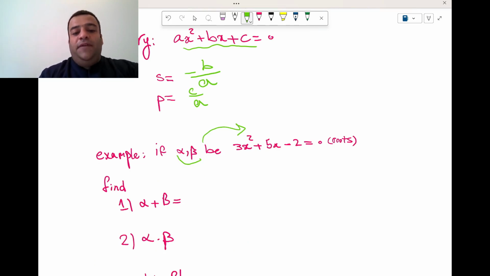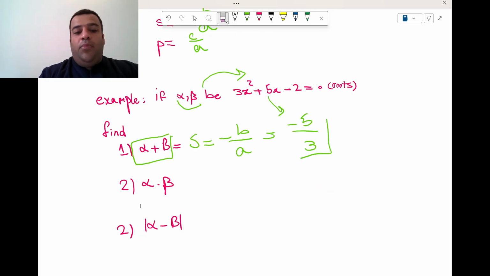If we want the sum of the roots, we don't need to calculate delta, we just know the sum is minus b over a, and here it is minus 5 over 3. The product of these roots is exactly c over a, and here c is minus 2 and a is 3. The answer is minus 2 over 3.